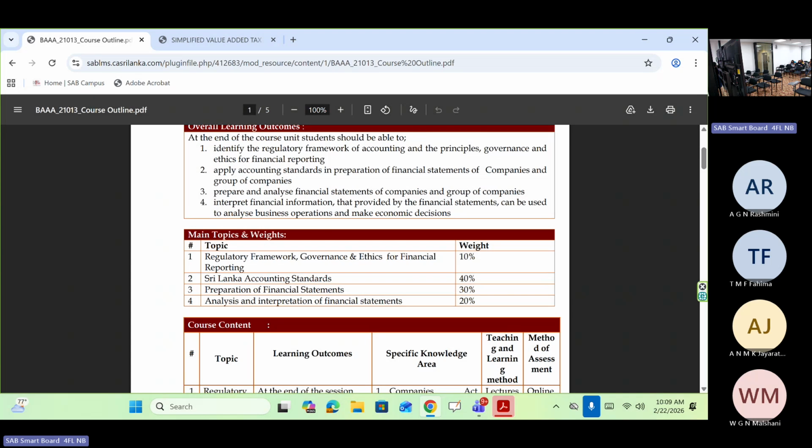Now we are planning to learn this word intangible. What does it mean to you? An intangible asset is an identifiable asset without having physical substance.